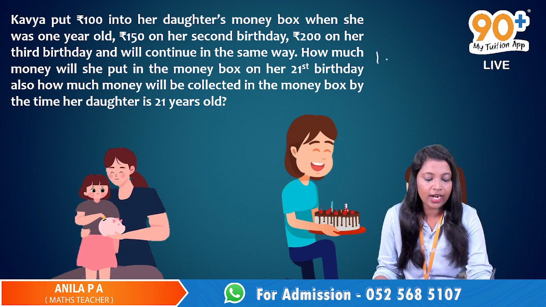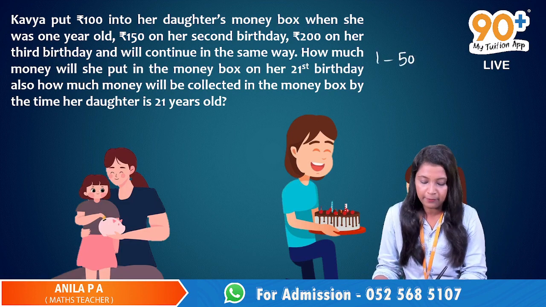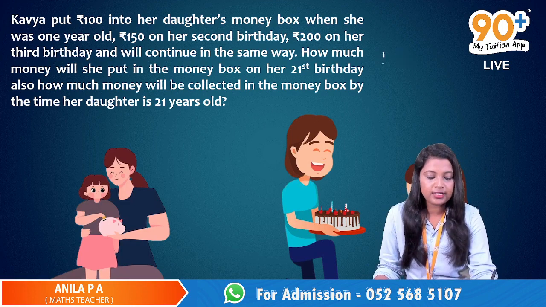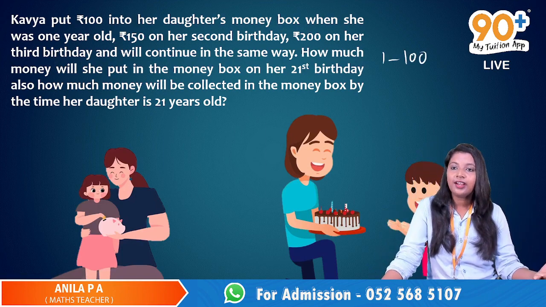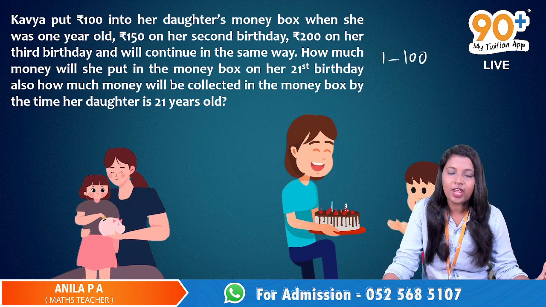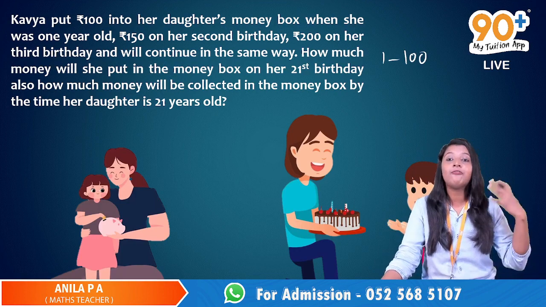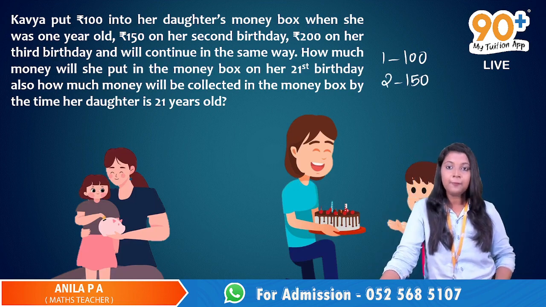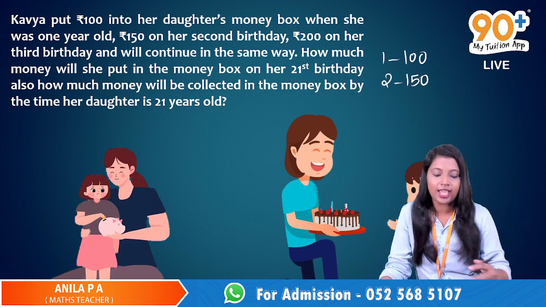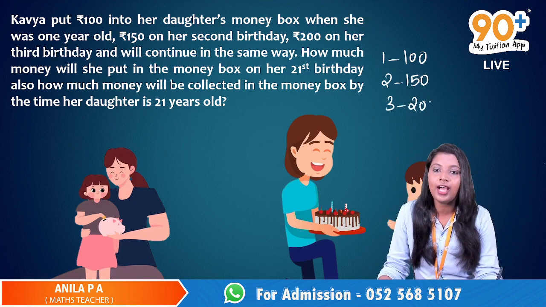So when she was 1 year old, the mother is putting 100 rupees. Then on her second birthday, the mother is putting rupees 150. On her third birthday, it was 200.